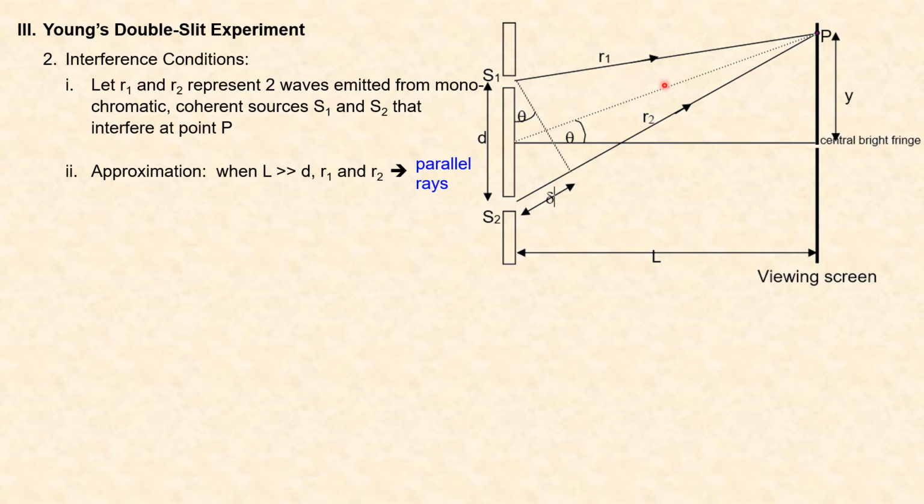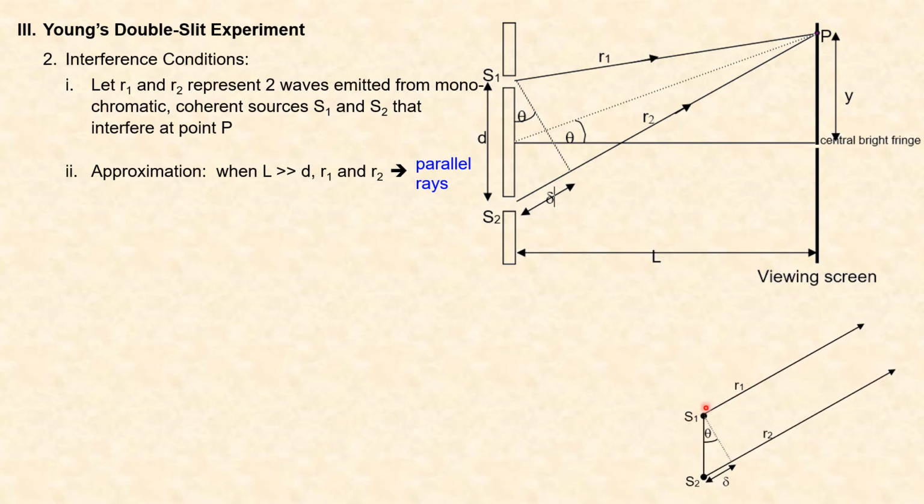But I want you to imagine this: in the real-time experiment I showed you of Young's double slit interference, the distance between the slits and the viewing screen was many meters, whereas typically the distance between two slits is on the order of millimeters or even fractions of millimeters. So in that case, this approximation is very good, in which case our picture is going to look something like this.